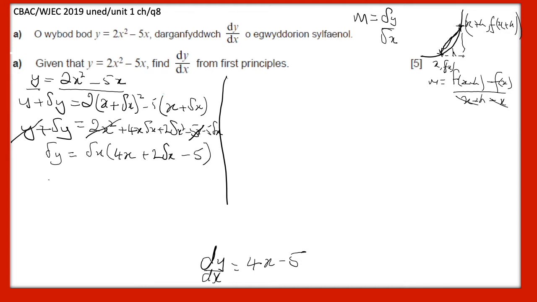Dividing both sides by delta x, my small change vertically divided by my small change horizontally is 4x plus 2 delta x minus 5, and we have to allow delta x to tend to 0.